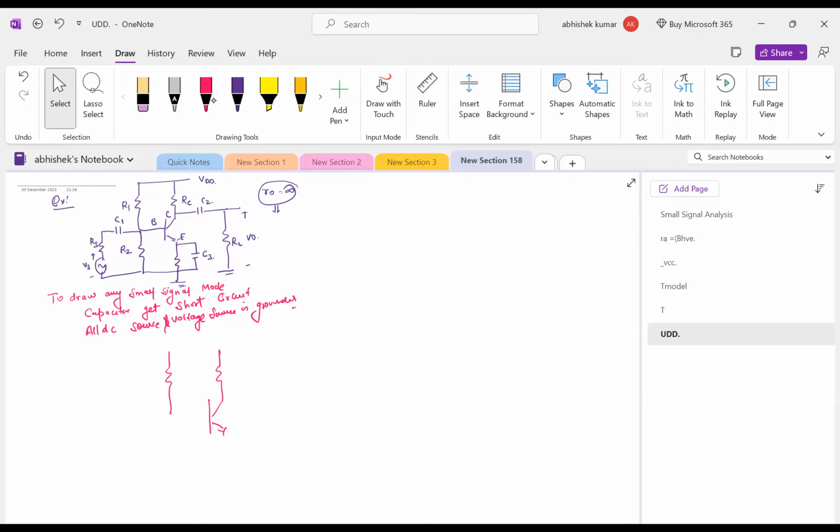And the early effect should be ignored. Yeah, you can ignore the early effect. First of all, we will start with ignoring the early effect. After that, we can take up the cases where we consider the early effect also.